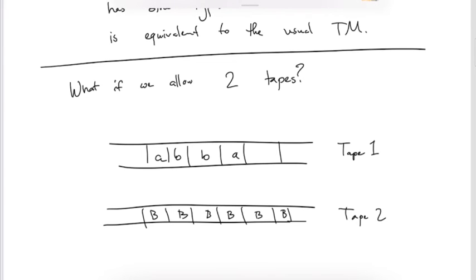It's just an extra tape that you can use as like a scratch paper, right? And then this machine would have one head, which is in a particular state over here, I'll say state A, and another head maybe in a different state, state X down here, right? And so the Turing machine has two different heads and two different states. Does this make it any more powerful than the original Turing machine?